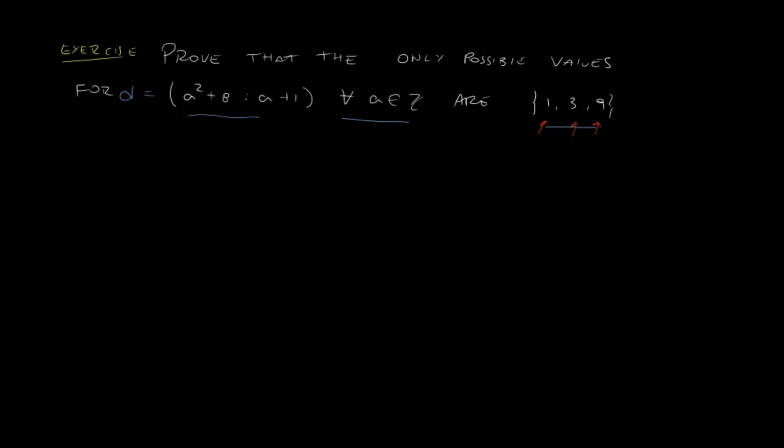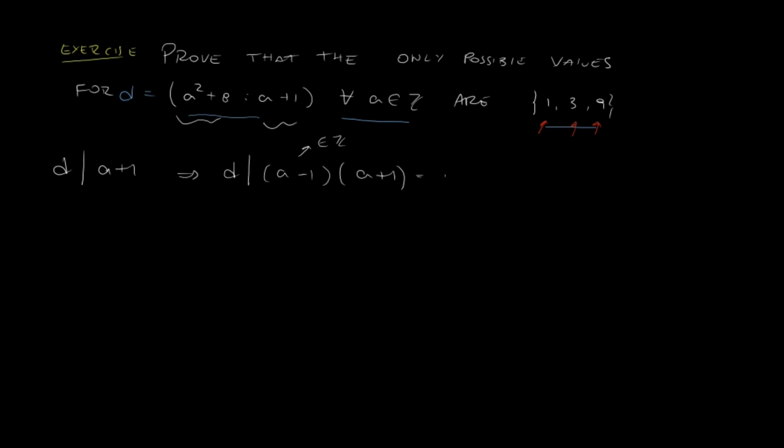For this, let's look first at the possible common divisors between a squared plus 8 and a plus 1. Let's say I have a number d that will divide a plus 1. Then we know this number d will also divide a minus 1 times a plus 1, because this is just any constant c integer.